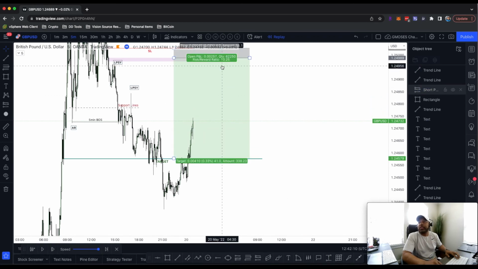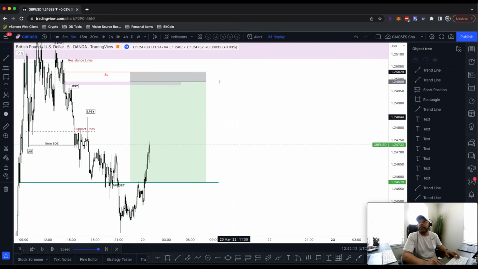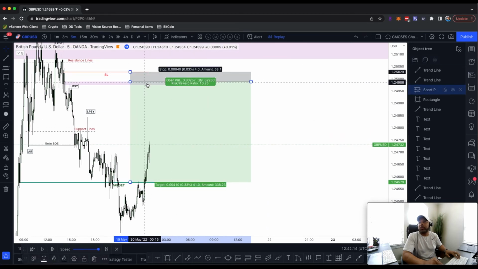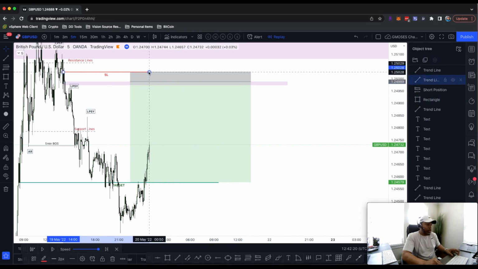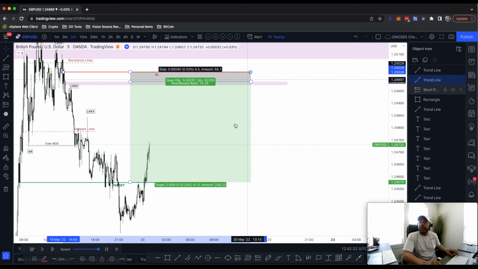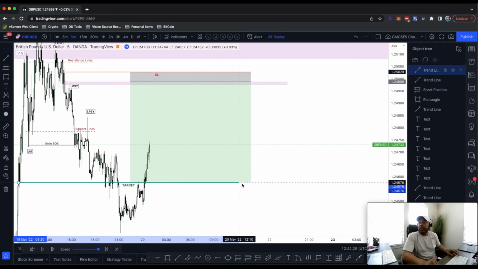So as you can see, this is a 1 to 10 risk reward. Let's move this over a little bit more, that way we have room to actually see the trade play out. This is our imbalance entry, and here is our stop loss and our take profit. Keep everything lined up so we can see it.